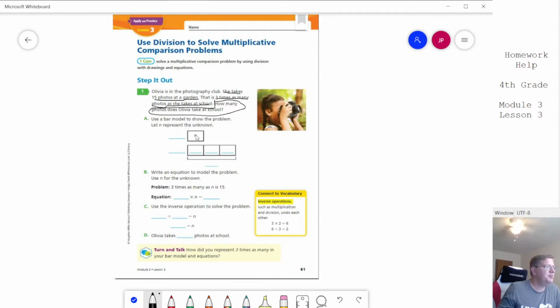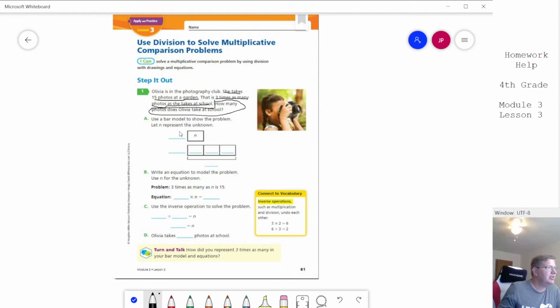N is going to be the number that we're trying to solve for. So to help us with that, we can go ahead and say that we are going to try to figure out how many times we can count by 3 to get to 15 as one way that we can do that. So let's see here.